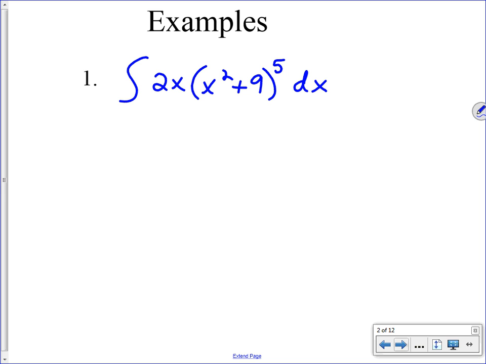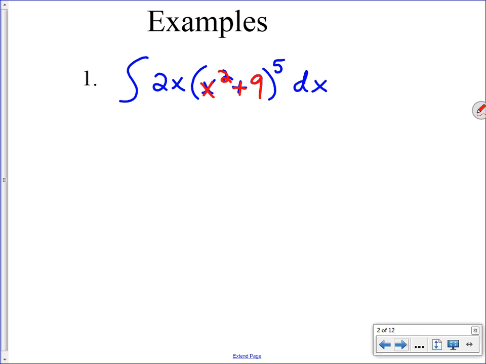So here we've got the integral of 2x times (x squared plus 9) to the 5th power. Again, look for your inside function. Here, the inside function is the x squared plus 9, because it's being raised to the 5th power, or simply it's inside the parentheses.